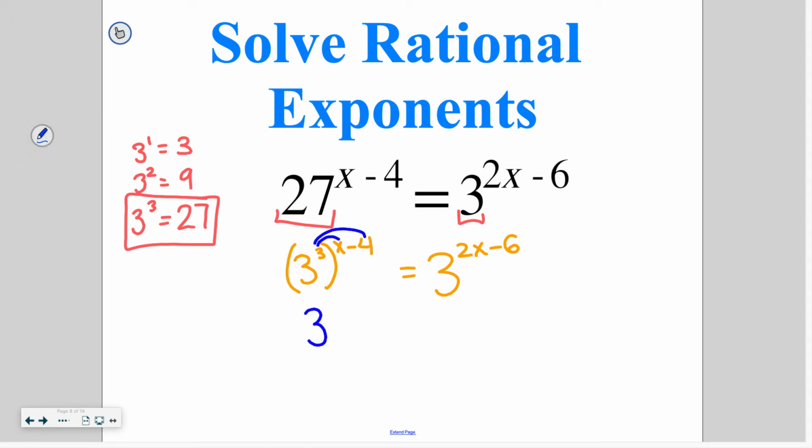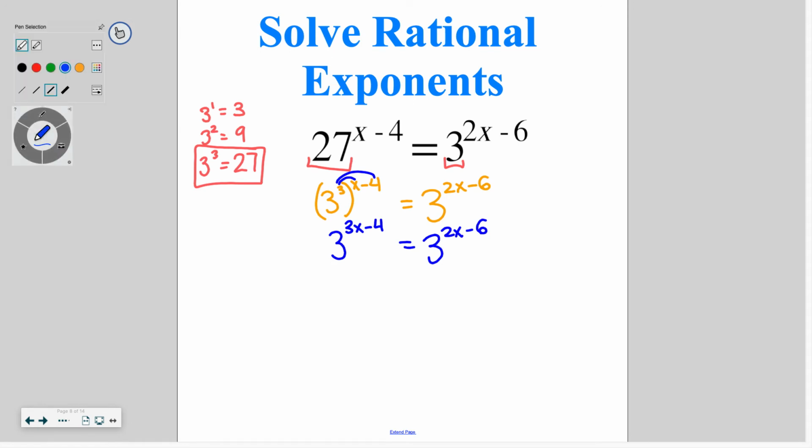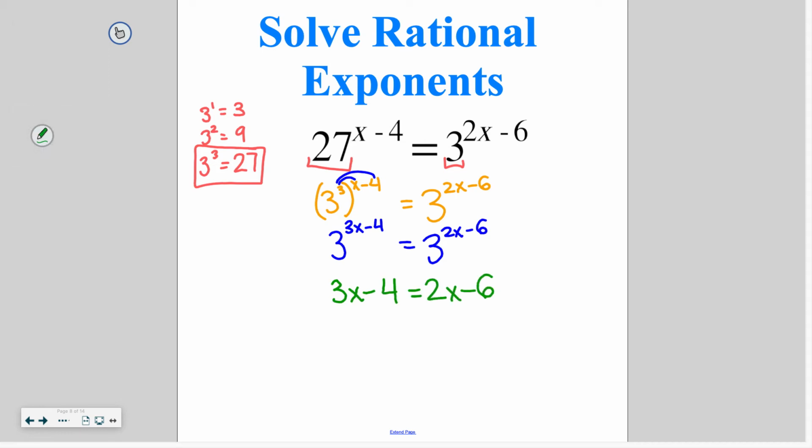So on this side, we end up with 3 to the 3x minus 4 power equals 3 to the 2x minus 6 power. Again, now that our bases are the same, we can ignore those and look just at the exponents to be able to solve our equation. So 3x minus 4 is equal to 2x minus 6.